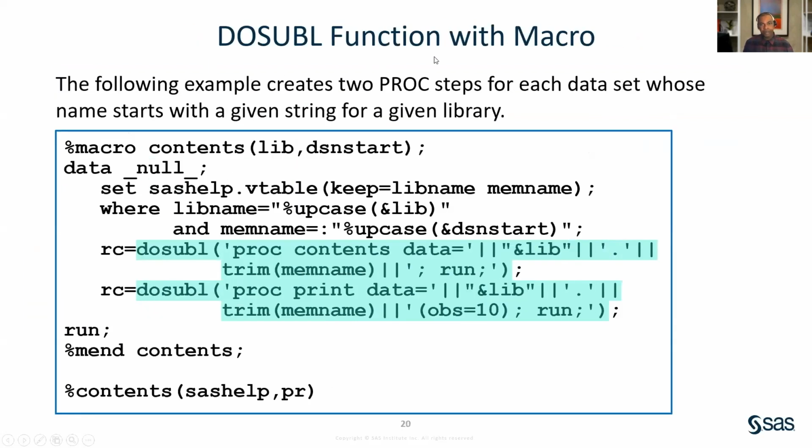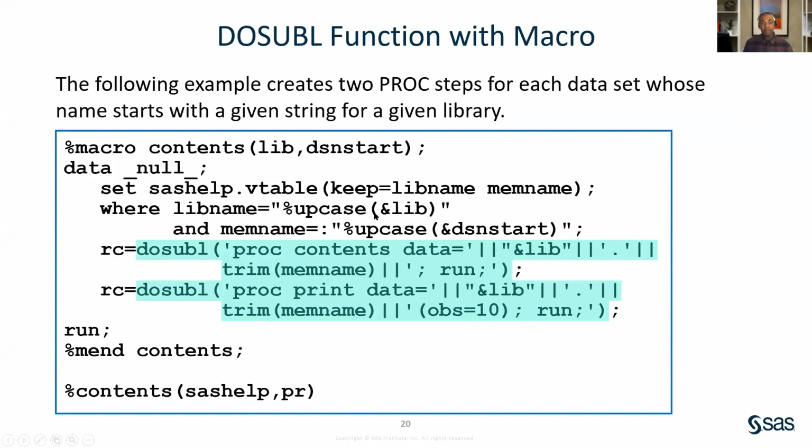More on DOSUBL within a macro. So I'm writing a macro program with two parameters, the library and the data set start. Here's your data _null_. And I'm setting SAS help.vtable, which is a view of dictionary.tables. I'm keeping the library and the member name, which is the table name, where the libname equals whatever I specify when I call the macro, such as SAS help.